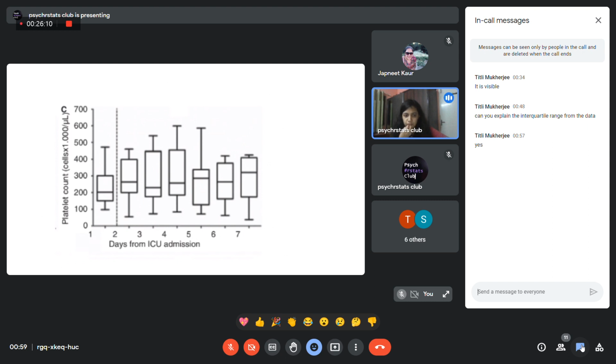Do you want any further clarification? I think you would better understand if you look at how it is reported in the paper and what kind of data they have used. I'm sorry, the paper that I have put here, they have only reported the mean and they didn't really look at any interquartile ranges.